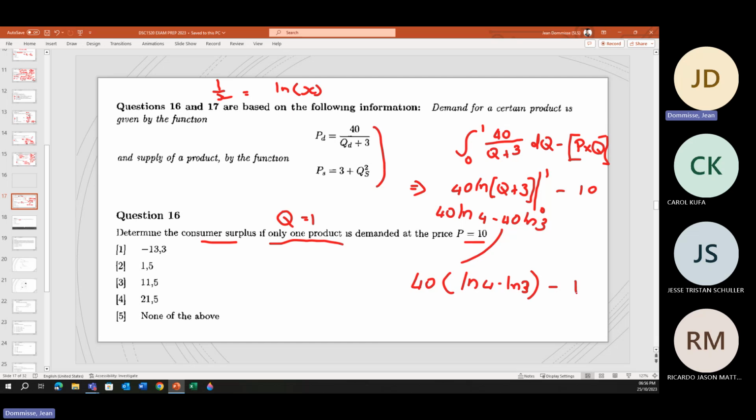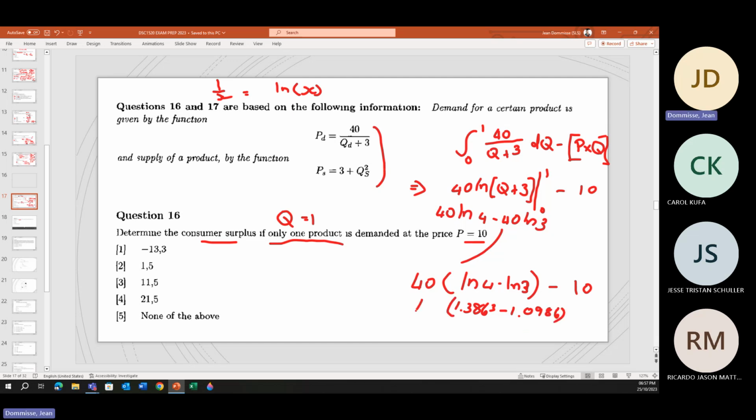And then minus 10. Please don't say ln 4 minus ln 3 is ln 1. You need to work it out. So ln 4 is 1.3863 minus ln 3, which is 1.0986.